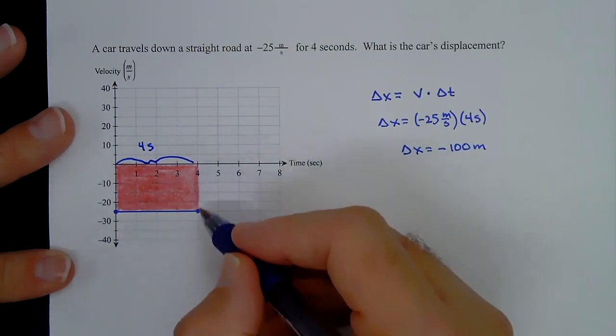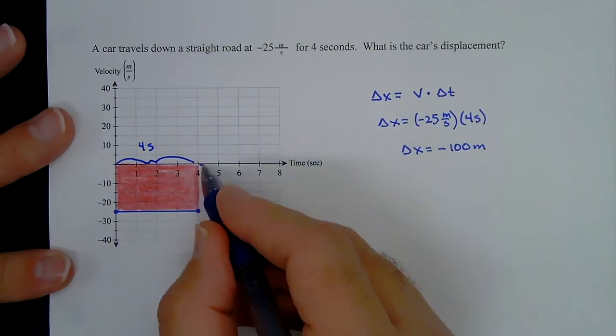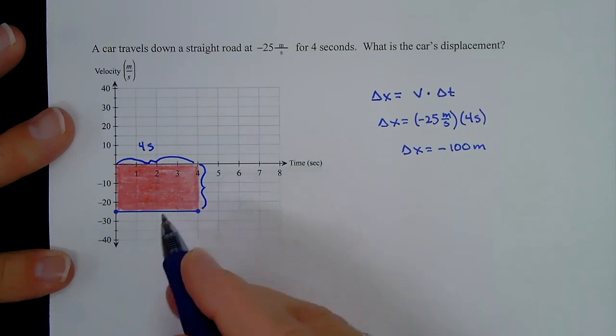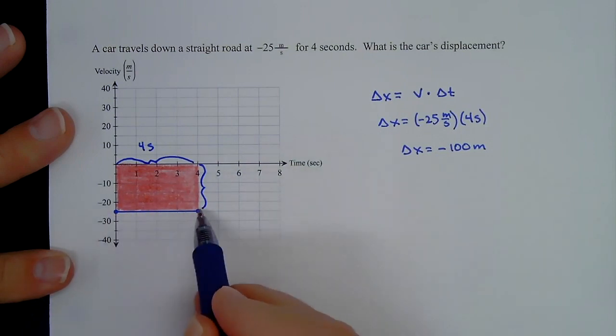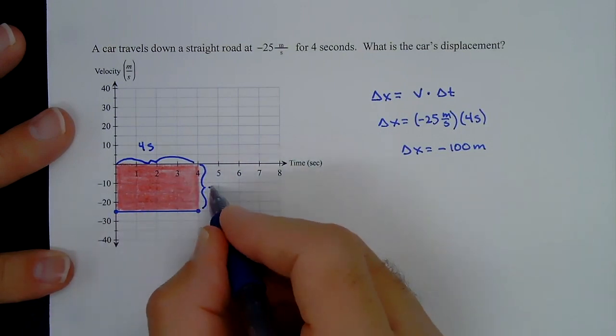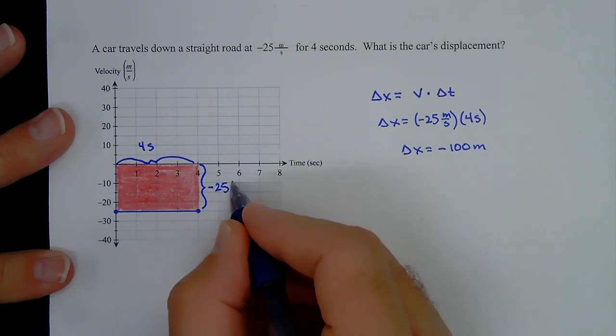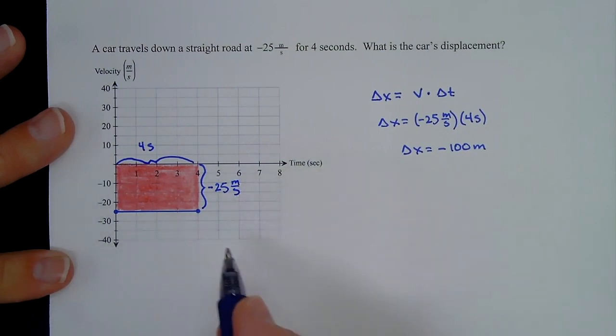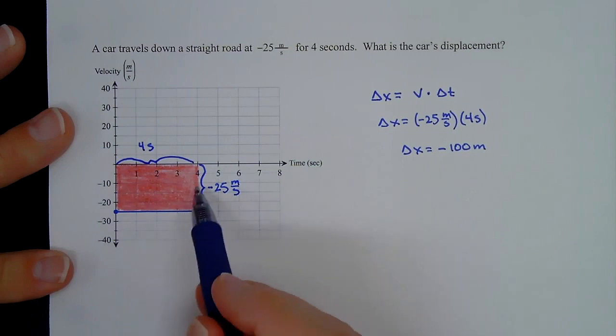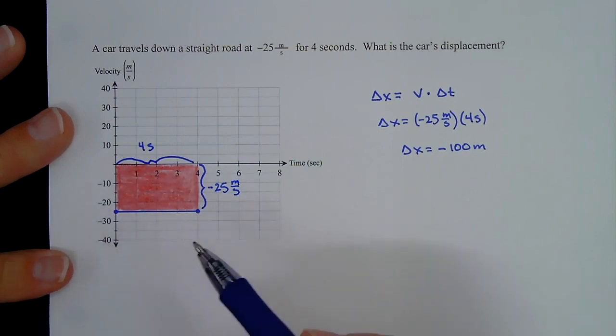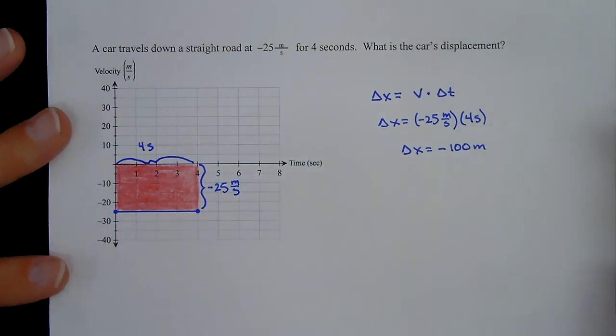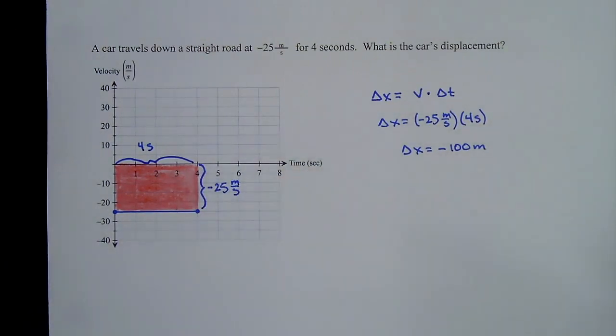The height of the rectangle now is this value, negative 25 meters per second. When we multiply these together to get the area, we wind up with negative 100 meters because this value is negative.